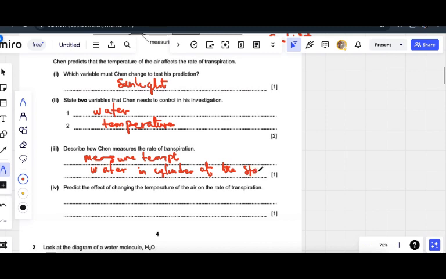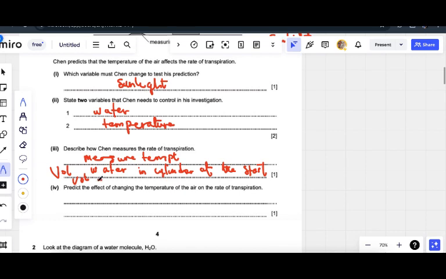And also he measures the time it takes for this to happen with the stopwatch. Then he measures the volume of water at the end to see what remains, and then he finds the difference. He knows the amount that has been lost.